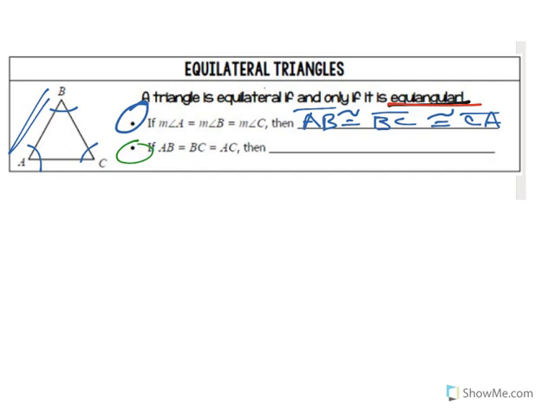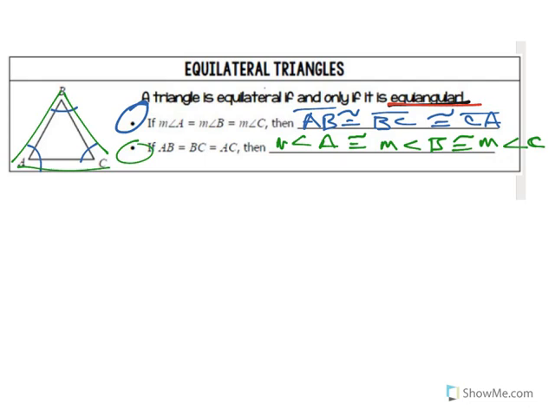If AB is equal to BC is equal to AC, then the measure of angle A is congruent to the measure of angle B, which is congruent to the measure of angle C. Okay, it seems kind of straightforward. So that's the first part of equilateral triangles.